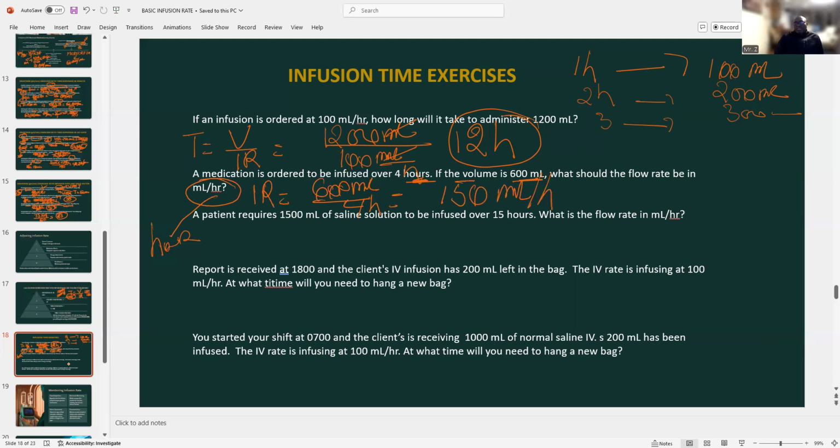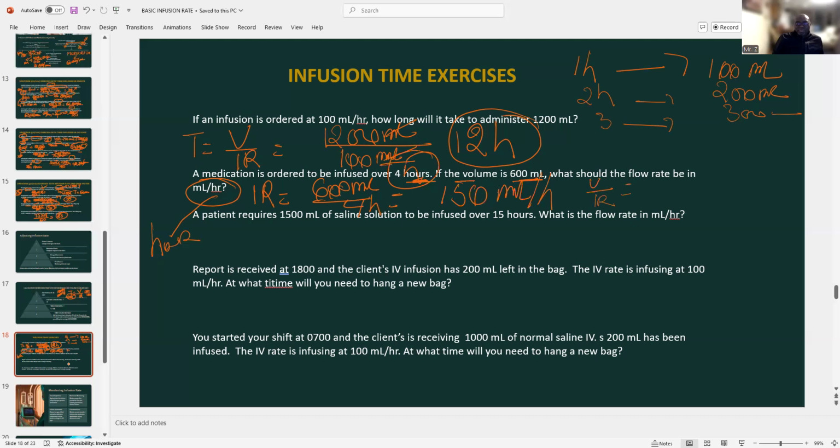milliliter per hour. So if the exercise was for you to find how long it's going to take for 600 milliliter to be infused at the rate of 150 ml per hour, you know it's going to be 4 hours. But how are you going to do that? Same concept. It's going to be volume over infusion rate.